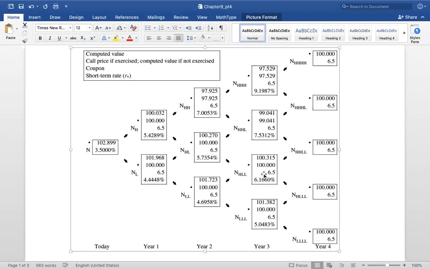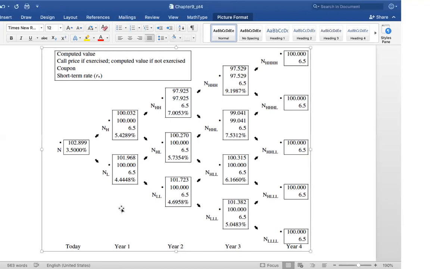The root of the tree in this exhibit shows this bond's value. We can do these actual calculations and confirm this value is 102.899. Now, the question that we have not addressed until now is under which circumstances the issuer will actually call the bond.